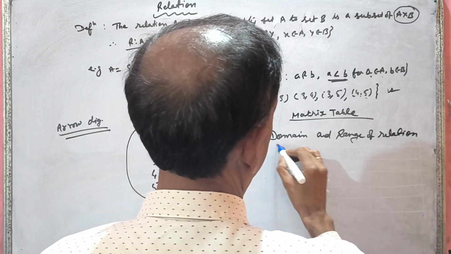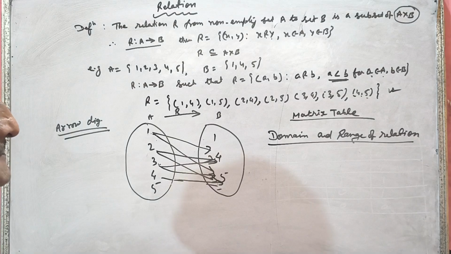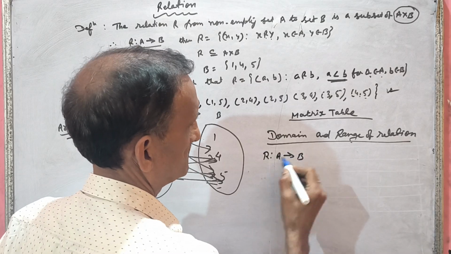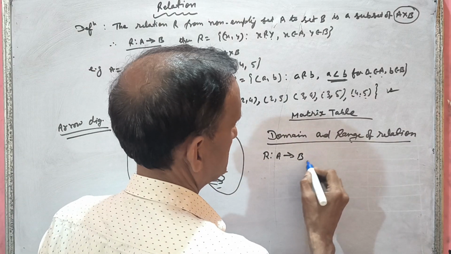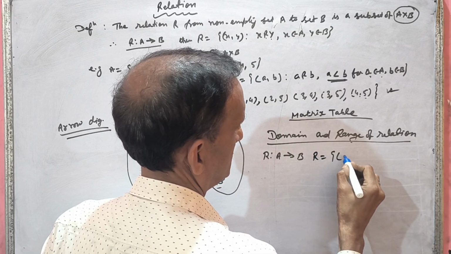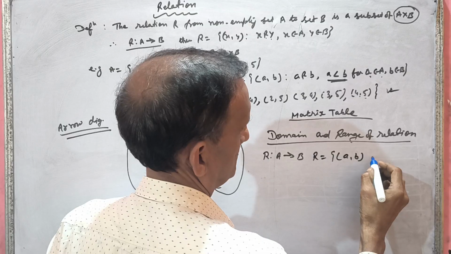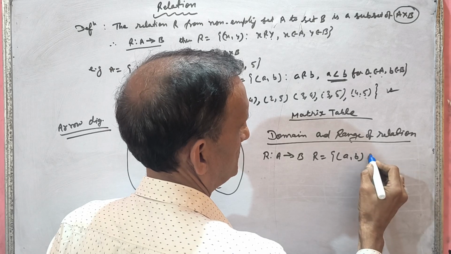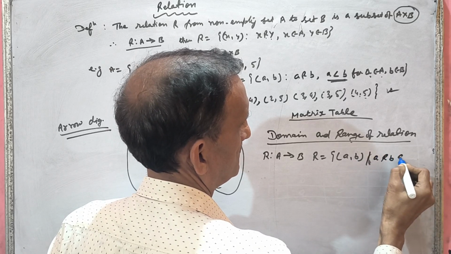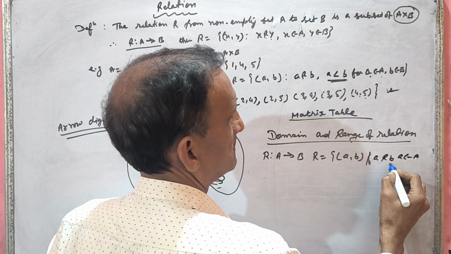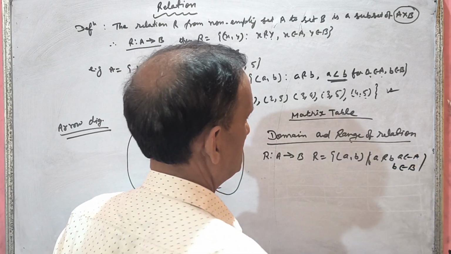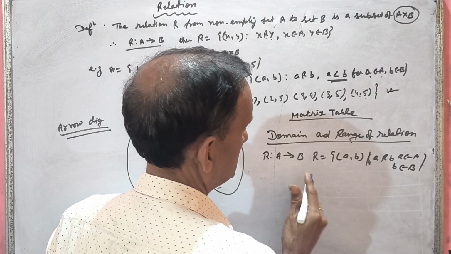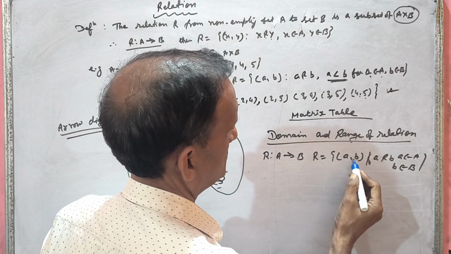Domain and range of relation. Now see, if R is a relation from A to B such that R equals the ordered pair (a, b), such that a is related to b, a belongs to A and b belongs to B, then the domain of relation R is the set of all the first components of the ordered pairs.